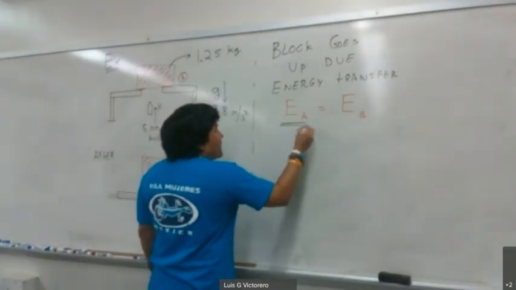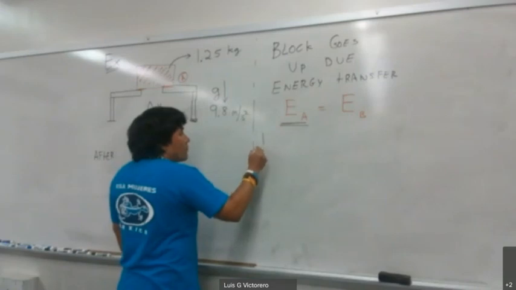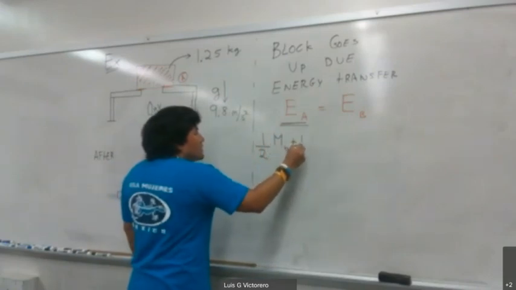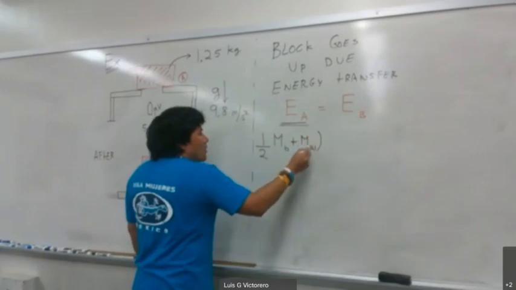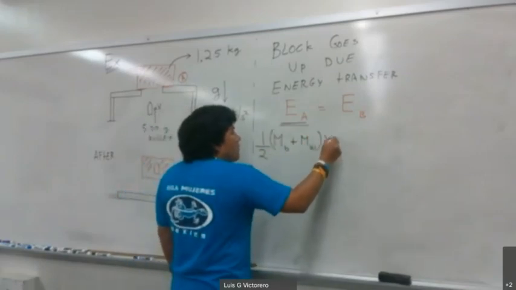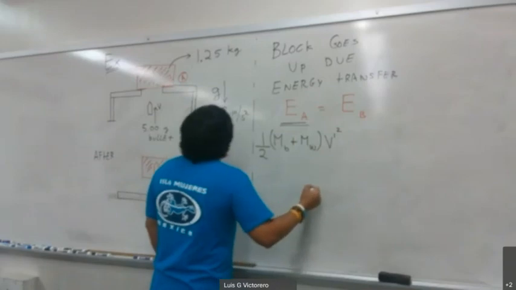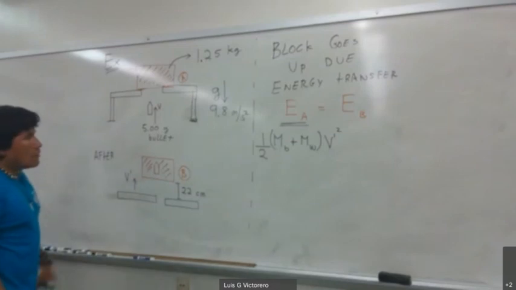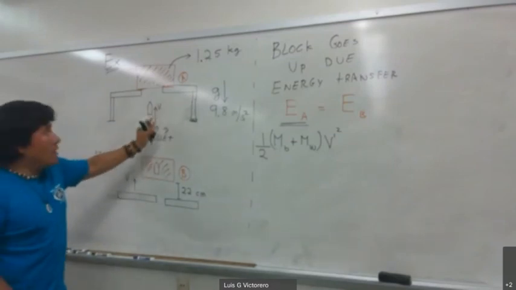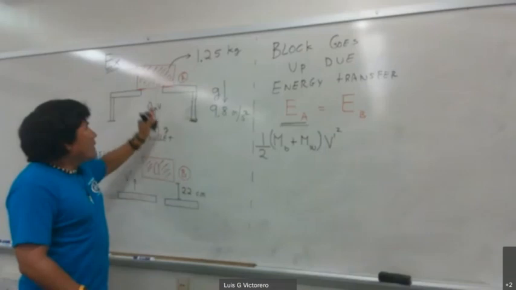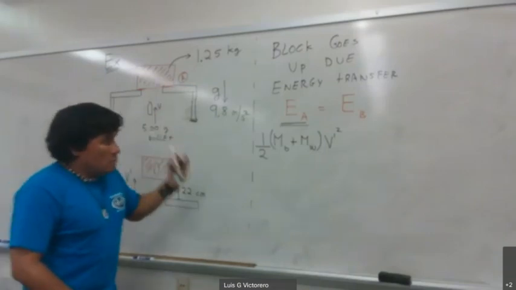So this will be kinetic energy: mass of the bullet plus mass of the wooden block times velocity prime squared. Not V, because the bullet, due to friction, after the collision loses some energy. V prime.